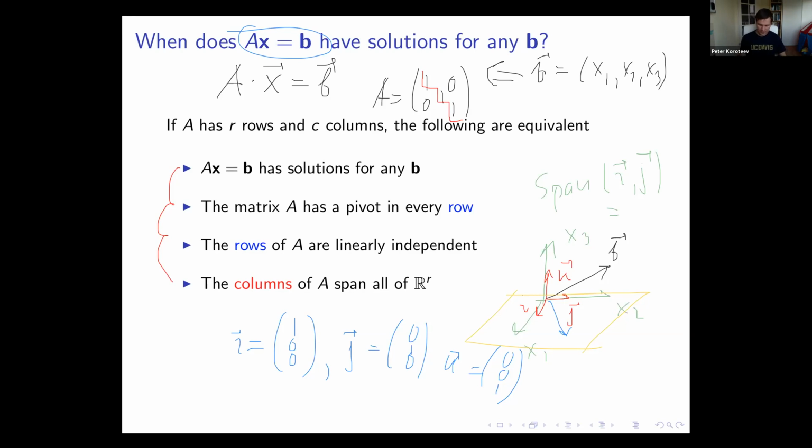Because this simply means that it's vector i times x1, plus j times x2, plus k times x3. And clearly for this diagonal identity matrix, conditions 2, 3, and 4 are satisfied.